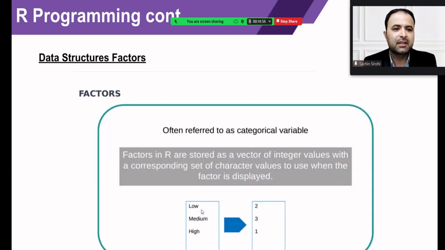Now I want to discuss the factor data structure, often referred to as a categorical variable. Factors in R are stored as a vector of integer values with a corresponding set of character values to use when the factor is displayed. Like low is 2, medium is 3, and high is 1.